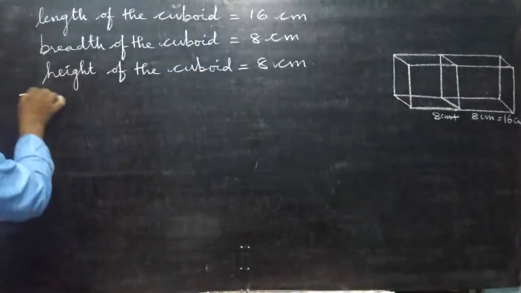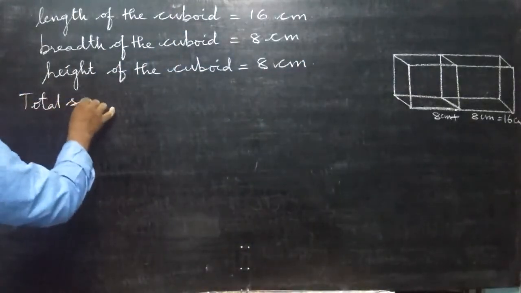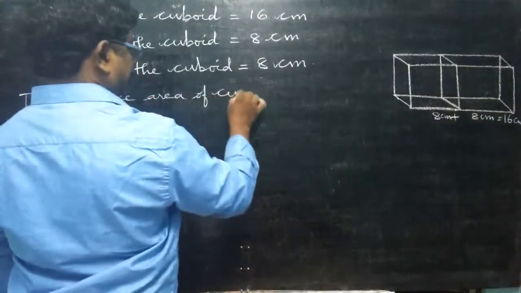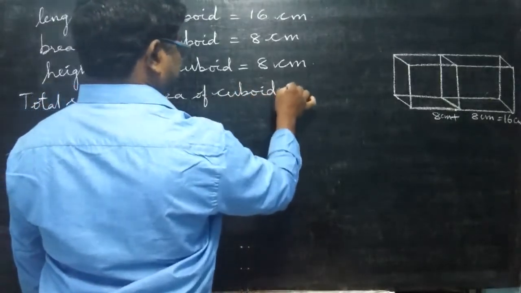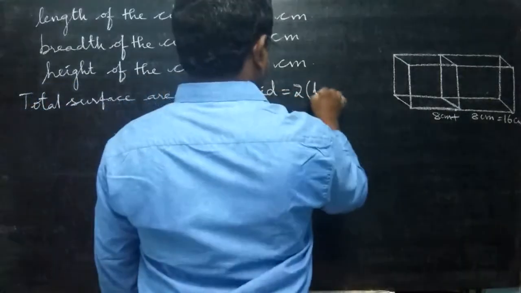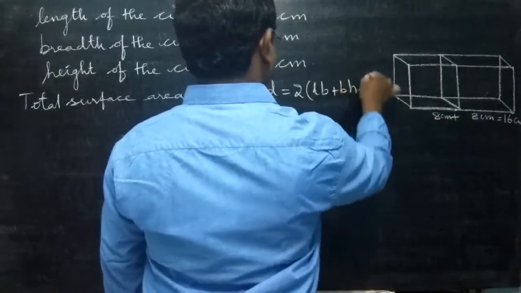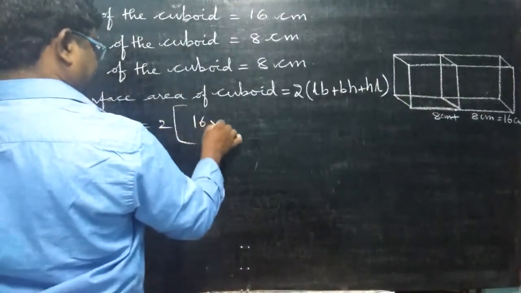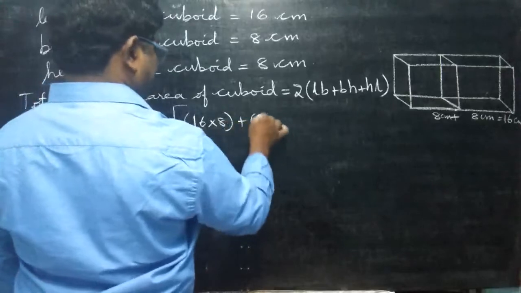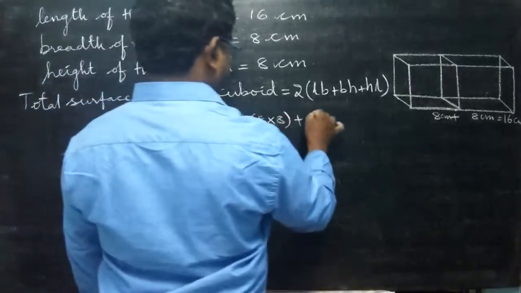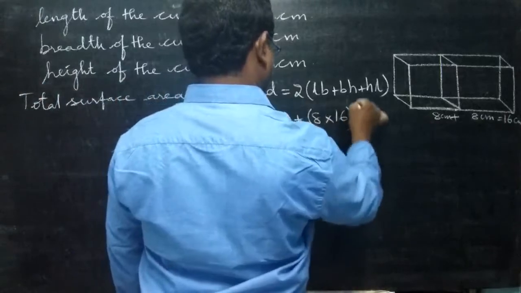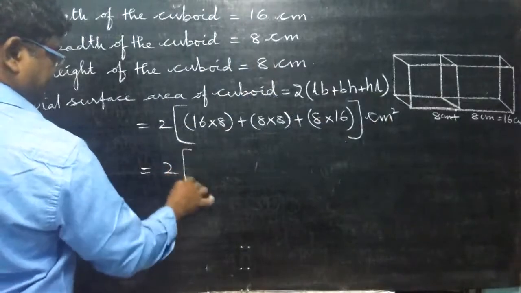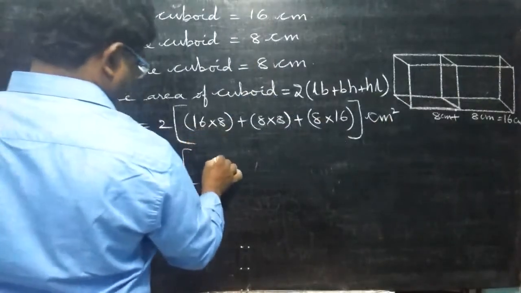Now they are asking to find the total surface area of the cuboid. You know the formula, 2 into (LB plus BH plus HL), that is equal to 2 into (16 into 8 plus 8 into 8 plus 8 into 16) centimeter square. 2 times we are multiplying. 2 into 48, 4.